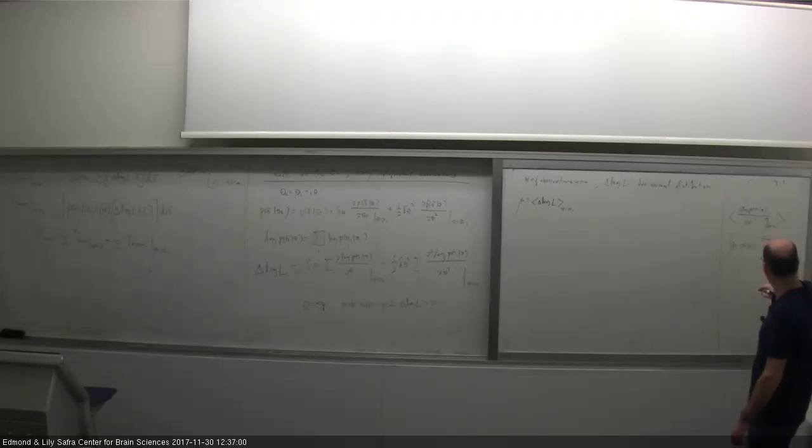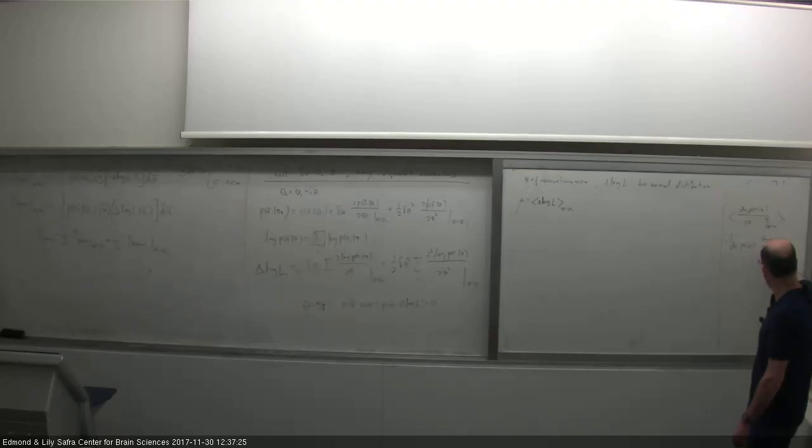But this is nothing but the integral. So maybe I should write it like this: d over d theta prime at theta prime equals theta 1, and the integral is over r.